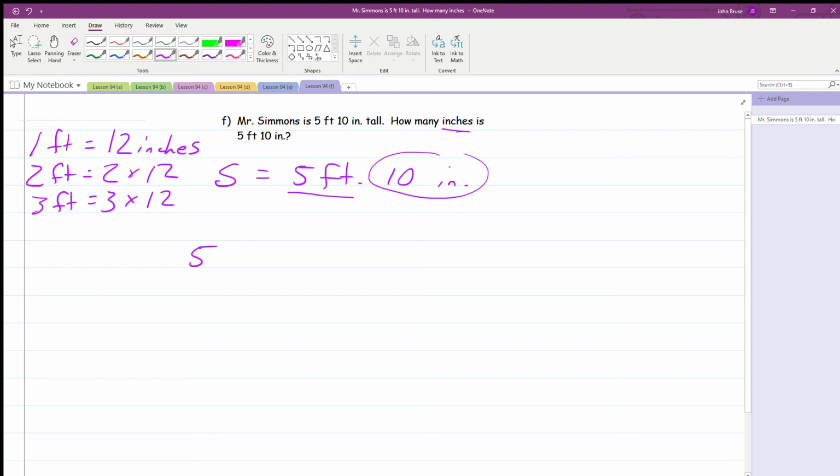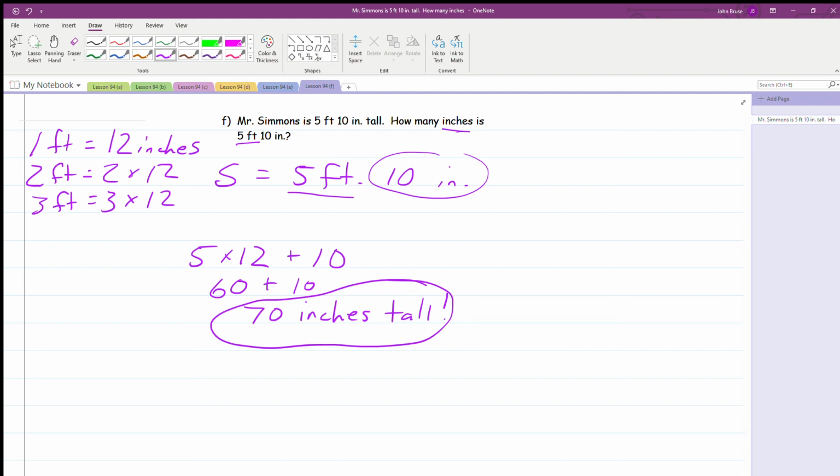So to find out how many inches tall he is, we're going to do 5 times 12 plus 10. Well, 5 times 12 is 60, plus 10. Well, 60 plus 10 is 70. So Mr. Simmons is 70 inches tall.